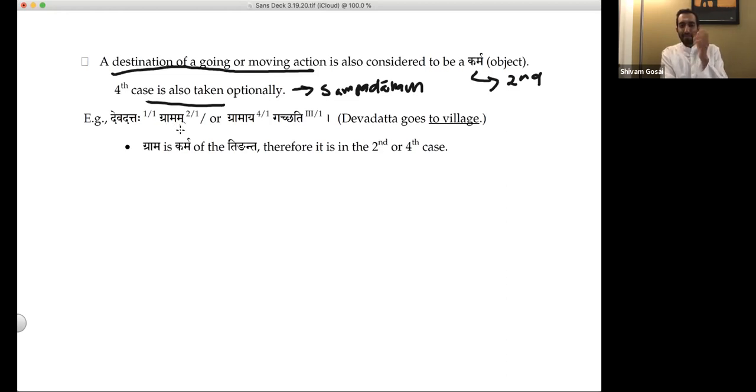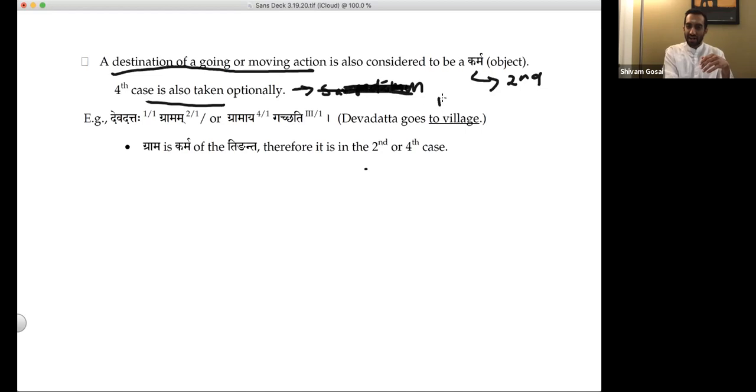This was given in the example before. You might have been confused about why we said the location is also given the fourth case. So you see, Devadattah gramam or gramaya gacchati. Okay, so grama is the karma of the ting, therefore it's in the second case, or it's the fourth case. Actually, let's scratch this out. Let's not call it a sampradanam.